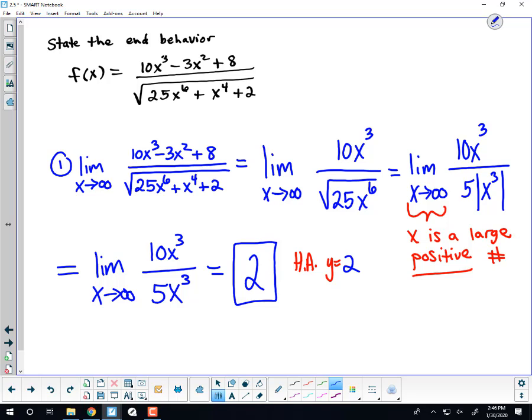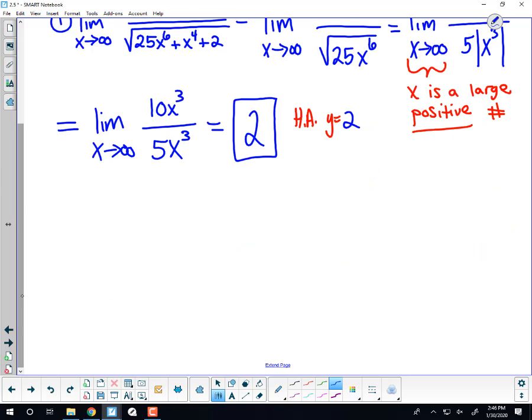So what do you think changes when we approach negative infinity? Something changes. What changes though? Yeah, well, let's just look at it then. Okay, that's one end.